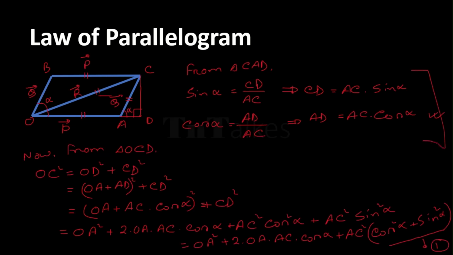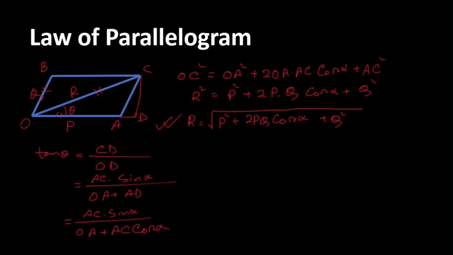So tan theta equals to AC, meaning Q, sin alpha by OA, which is P, plus Q cos alpha.